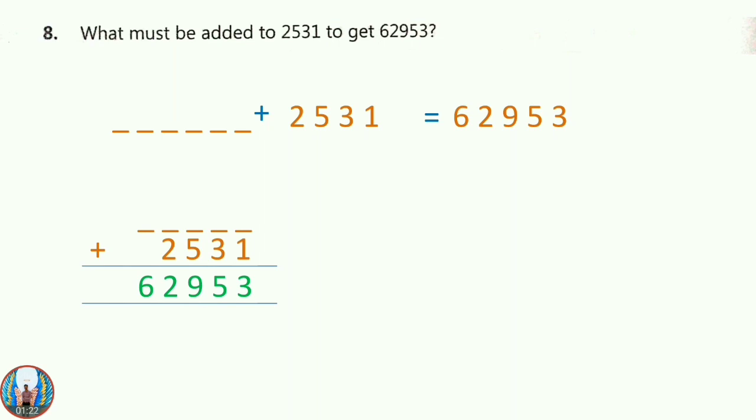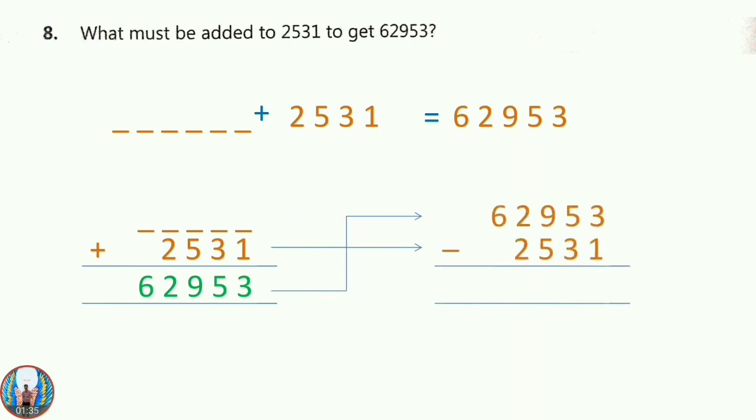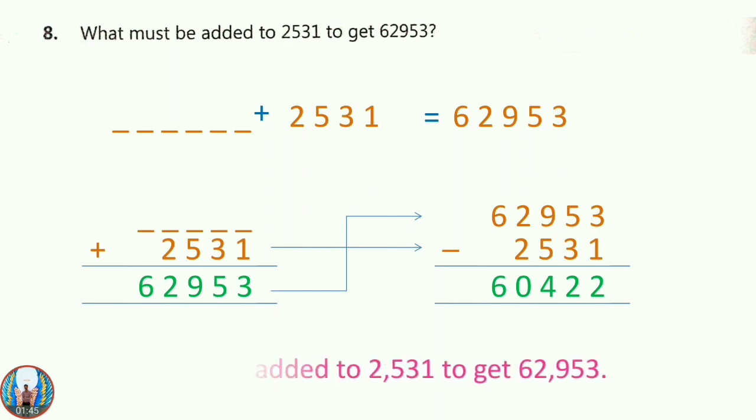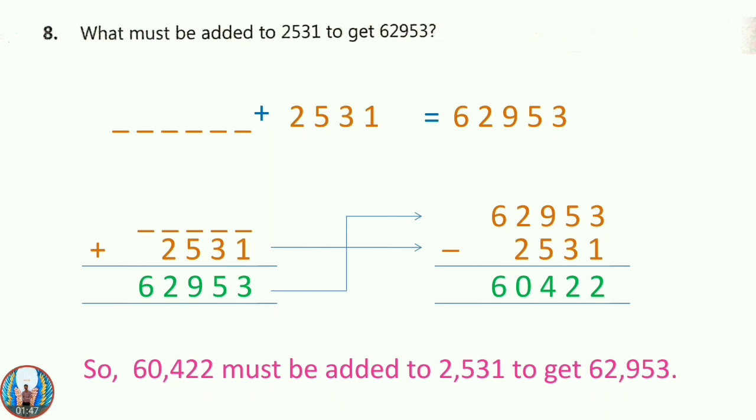Here the biggest number is the answer, the sum, so we will write the sum on the top, and then we will subtract the second number to get the first number. So 62,953 minus 2,531 is equal to 60,422. So 60,422 must be added to 2,531 to get 62,953.